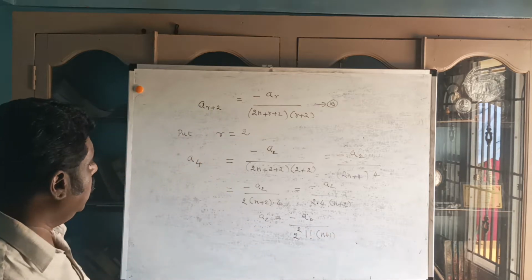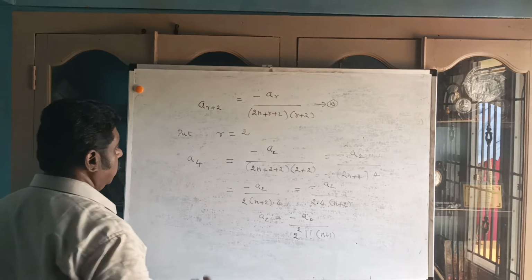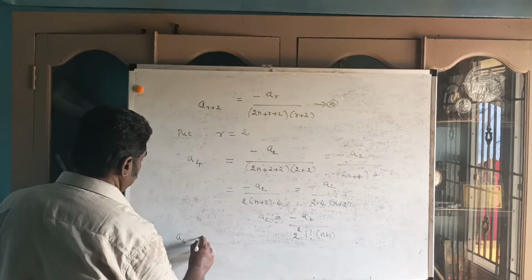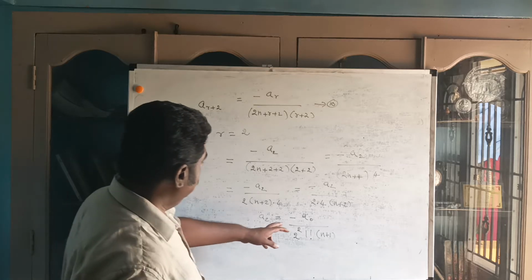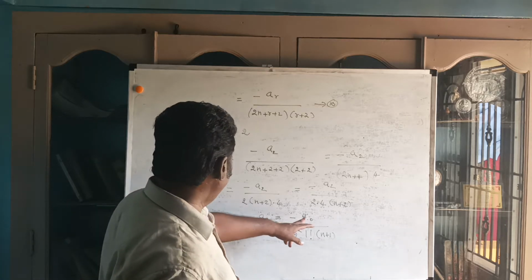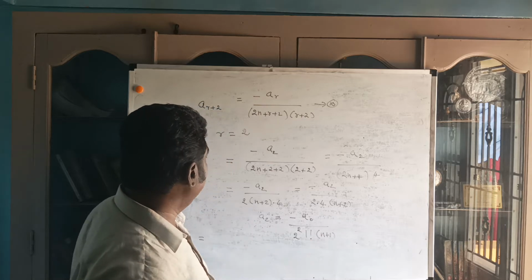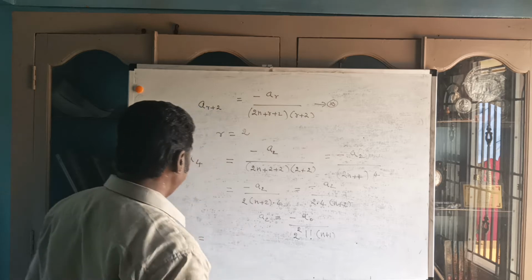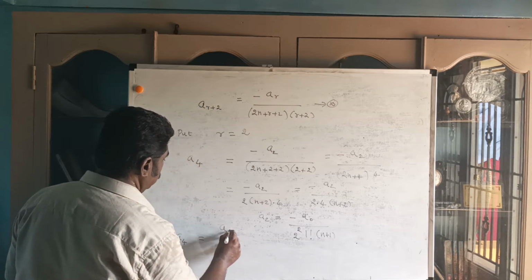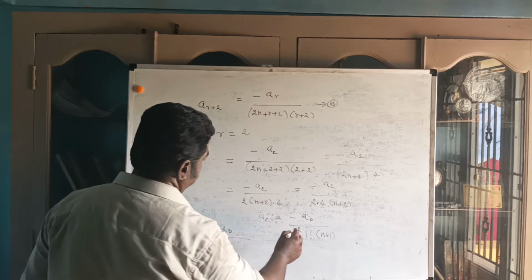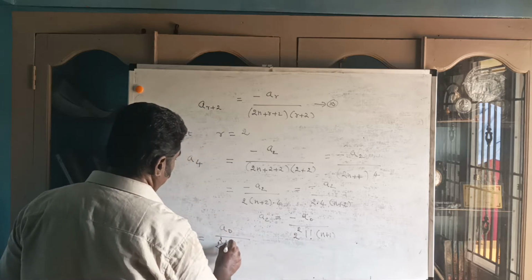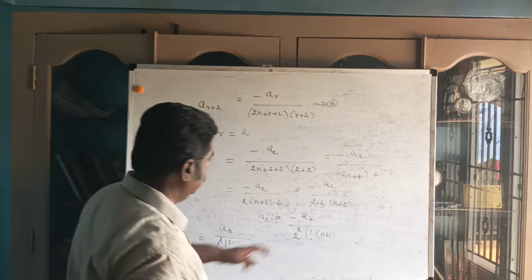If you substitute the value of A2 in the equation for A4, then A2 is minus A0 divided by 2 square, 1 factorial, (n + 1). A4 is minus of A2, so minus into minus is plus. A0 divided by 2 square, 1 factorial, put the numbers first.